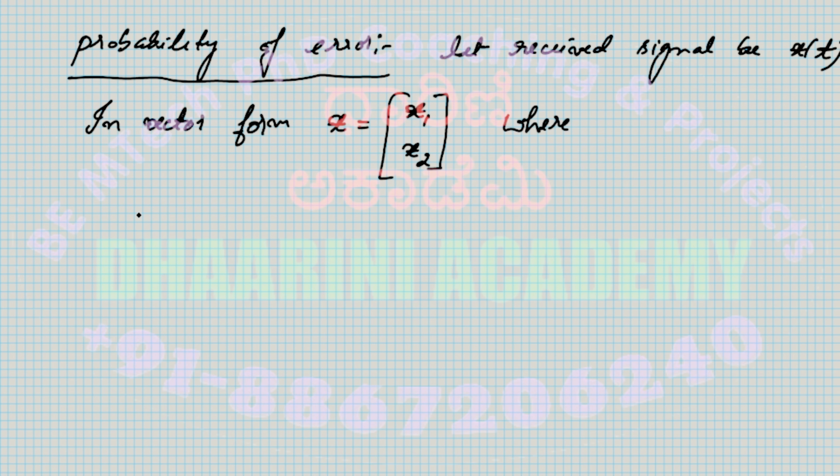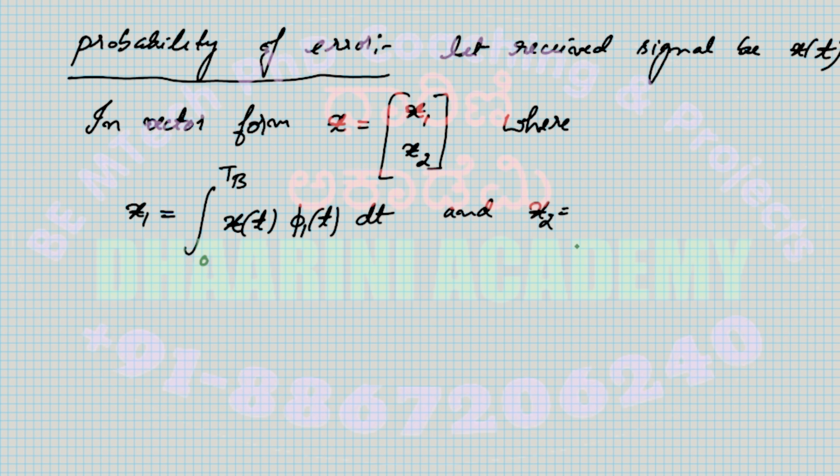How do you calculate x1? x1 is nothing but you correlate from 0 to Tb the received signal, that is x of t, with phi 1 of t. That's the upper channel of the receiver. And how do you get the x2 value? x2 is the correlation of the received signal x of t with respect to phi 2 of t. So that's how we calculate this.